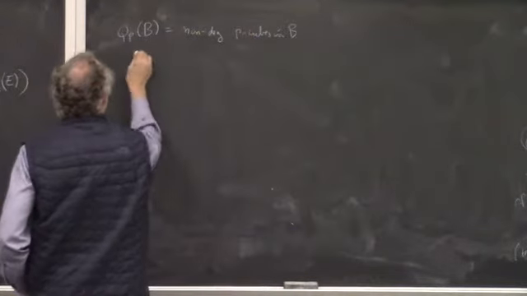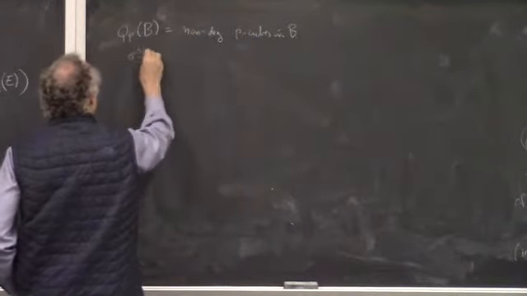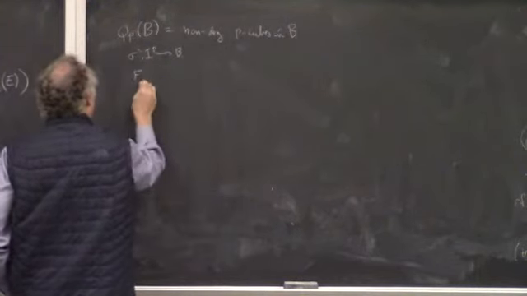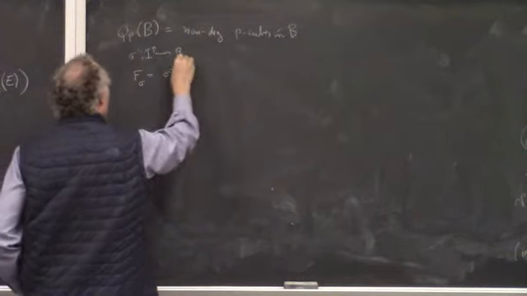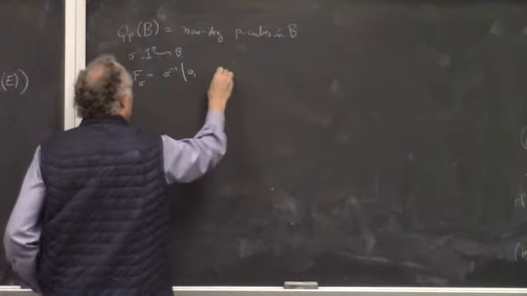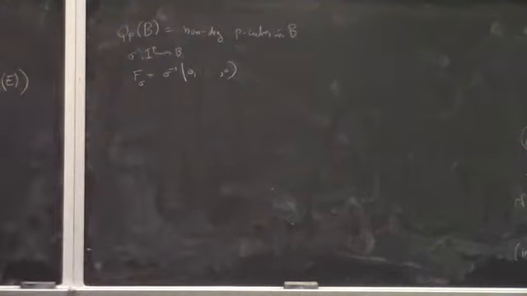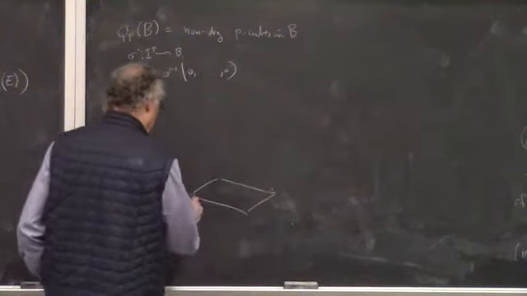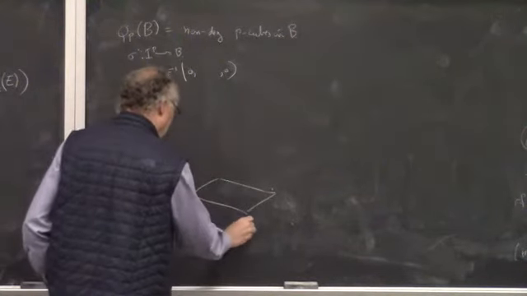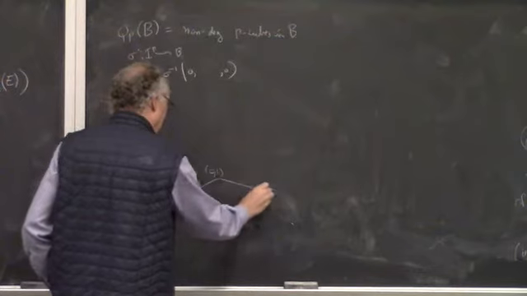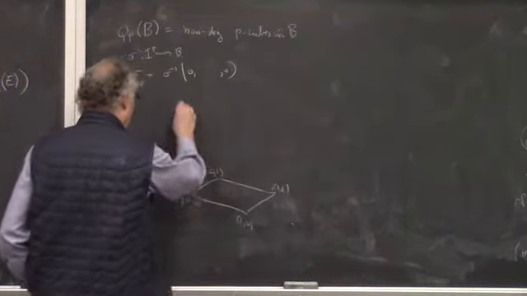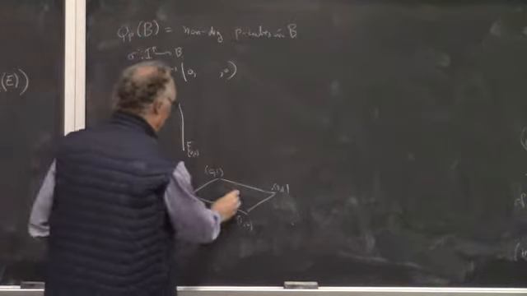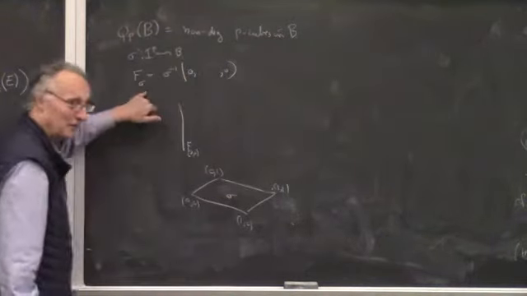So for each cube sigma, I have a fiber F sigma, which is simply sigma inverse the fiber over the first corner. So I have a cube down in the base, and here's 0, 0, here's 1, 0, here's 0, 1, and here's 1, 1. I look at the fiber over 0, 0. But of course, that depends on the cube downstairs.